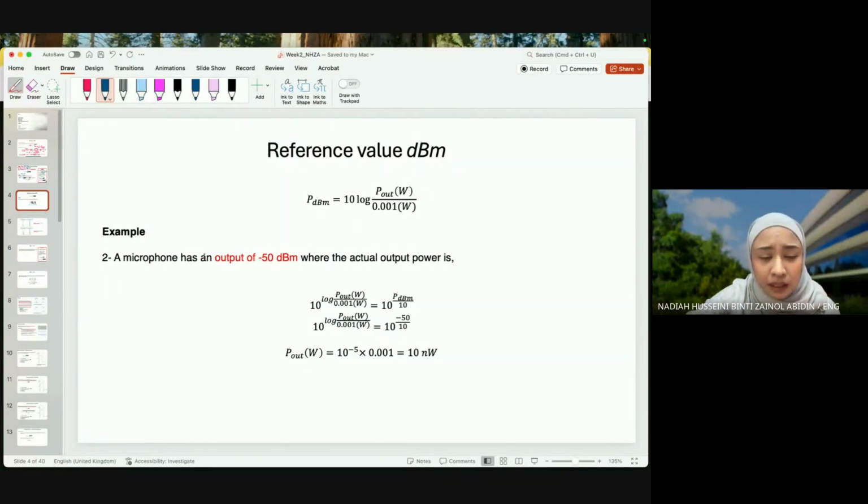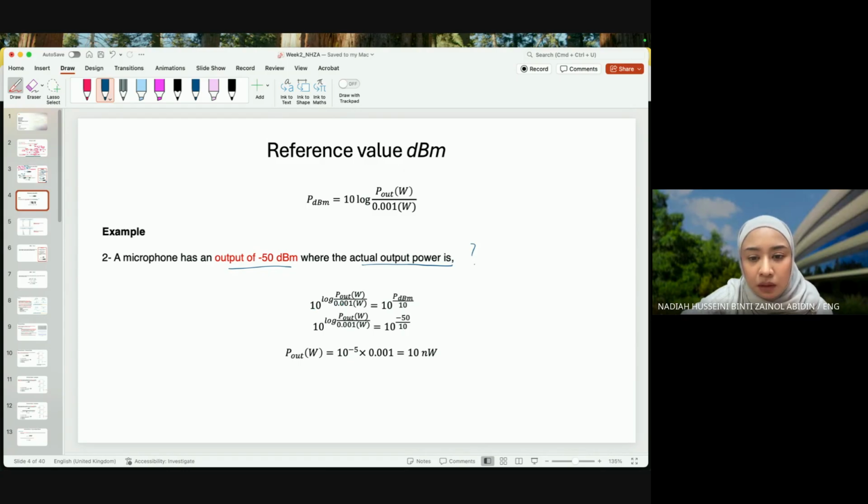Okay, next example. A microphone has an output of minus 50 dBm. Same story as before, except that now we have it in dBm. Just now it was in watt. We have something in dBm and we want to convert it to power, the linear scale.